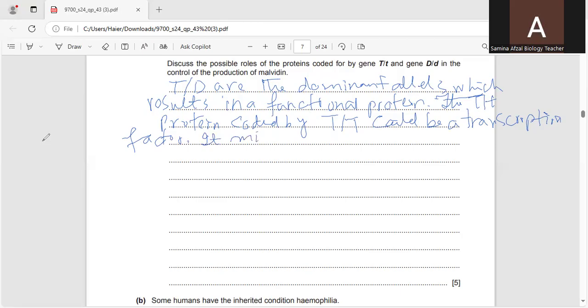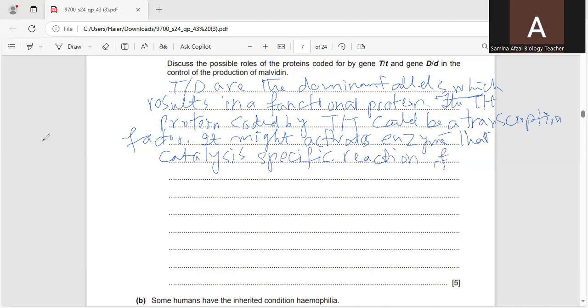It might activate an enzyme that catalyzes a specific reaction for the synthesis of molybdenum.